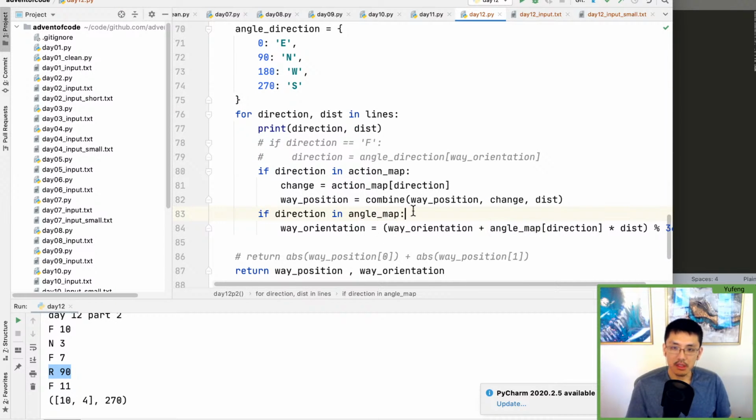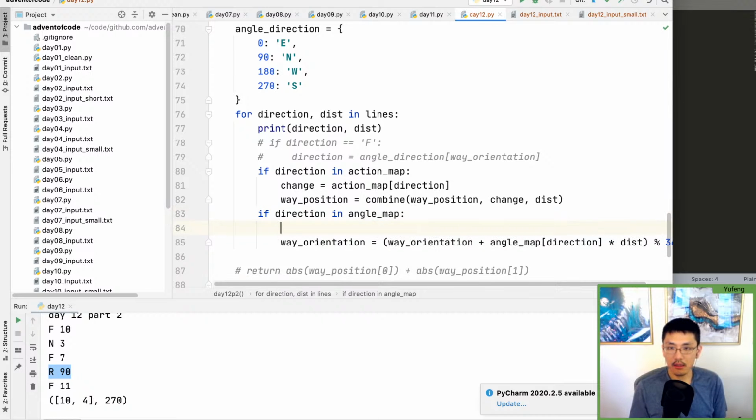So what we should do is we can get direction and distance. And so we take distance and we mod 90. And yeah. And we can say direction, right? If direction is, actually, it doesn't matter.